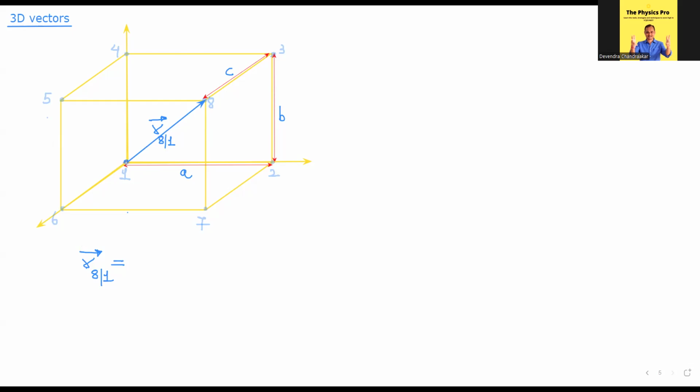So 1 to 2, then you move from 2 to 3, then you move from 3 to 8. So this is A i cap plus B j cap plus C k cap, right? All these vectors are adding up to give us vector R81. So the vector R81 will be A i cap plus B j cap plus C k cap. I hope all of you understood this. Yes or no?